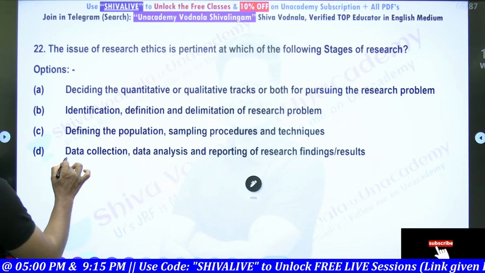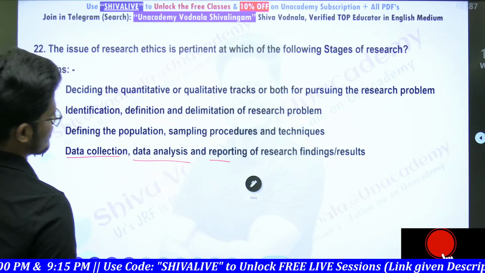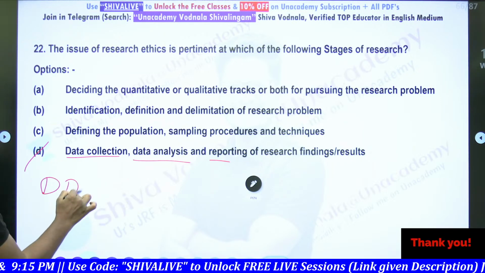Option D, yes, it is data collection, data analysis and reporting. There is only one option, which is DDR.